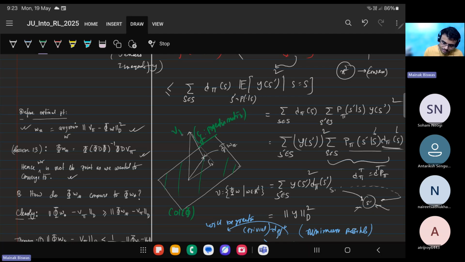I'll show you what this projection matrix means. If this was your v pi, this can be written as a projection matrix times v. This is what I taught last time in my course as well, where we take any vector, project it onto the plane, and write it in terms of a projection matrix times the vector. All you are doing is you take this vector, you project it, and the projection is being done by this projection matrix.